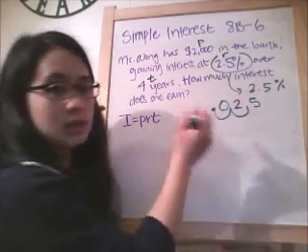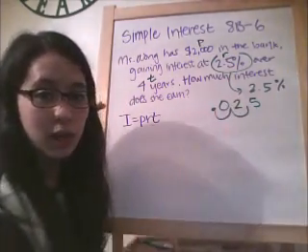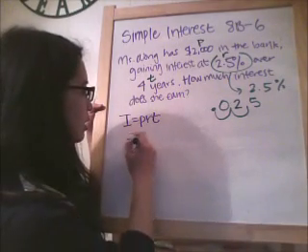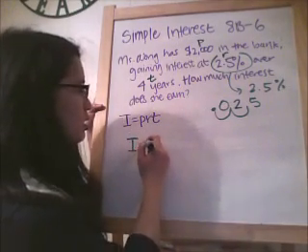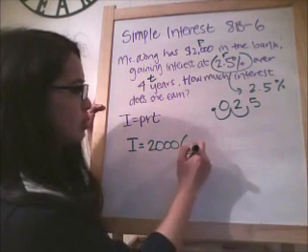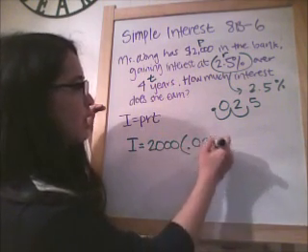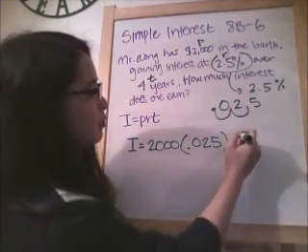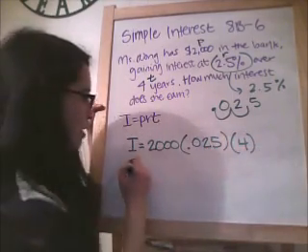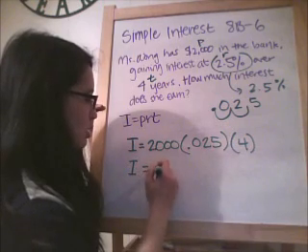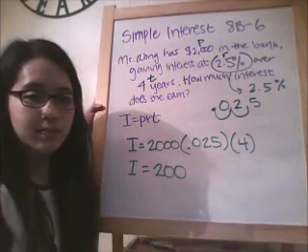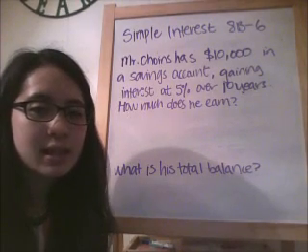We get 0.025 as our rate. So now all you have to do is plug it in. You can stick it in your calculator. We have I equals P, which is 2,000, times the rate, which is 0.025, times the time, 4 years. After calculating, we find out that the interest is $200. That's it. Let's look at the second example.